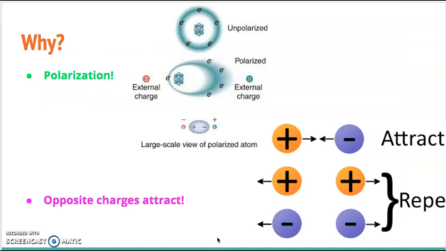So why did this happen? Two things played a big role here: polarization and the fact that opposite charges attract. Rubbing the balloon against our hair was a very important part, because when we did that, we transferred electrons from our hair onto the surface of the balloon, which left a positive charge on our hair.